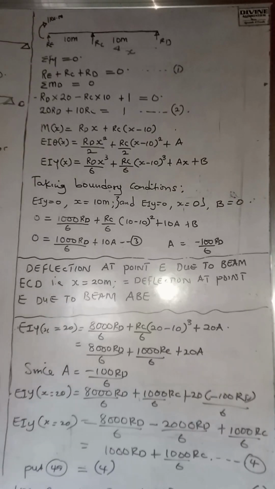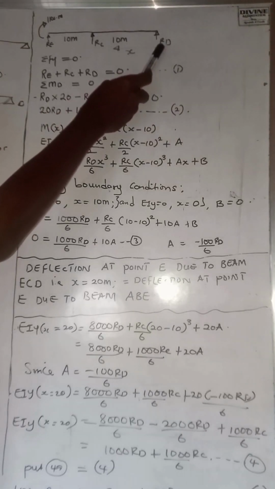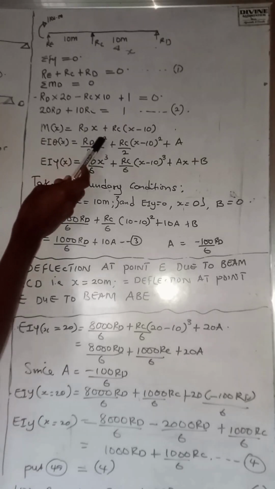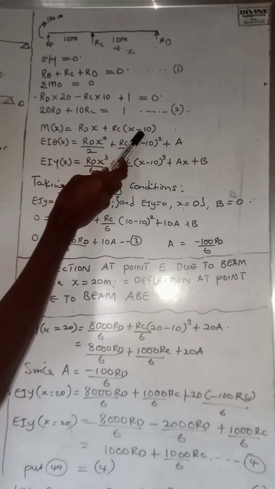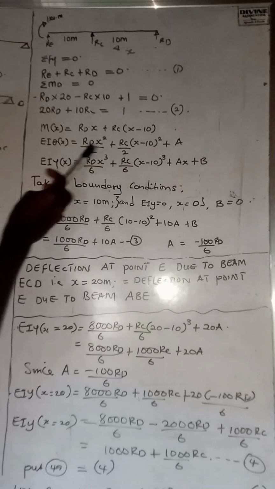The next thing we are going to carry out is a moment expression for this particular beam. If we work that out, RDX, we take it from this right hand side to the left hand side. So we have the expression RDX plus RC times (x minus 10). Okay, so the slope expression is this.